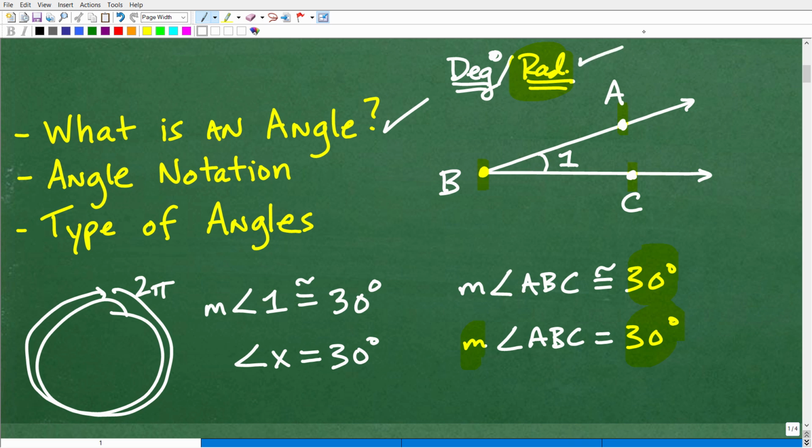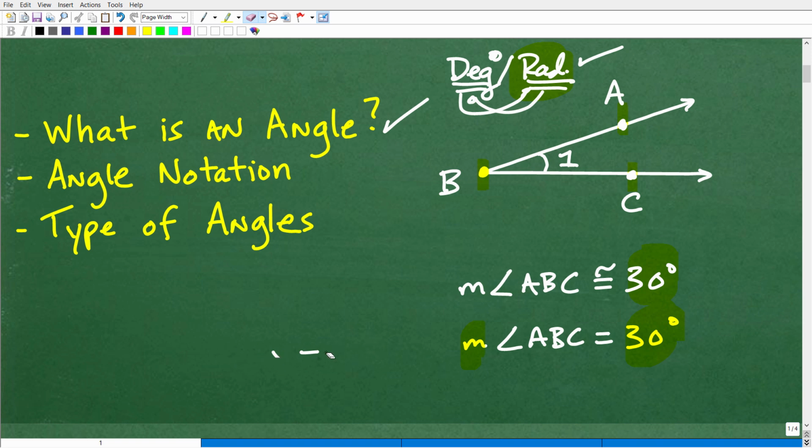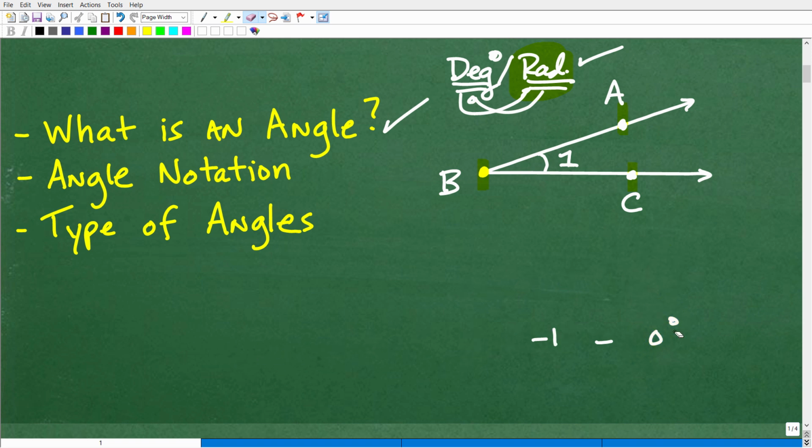You might even find radians as a more common measure of angles, even beyond degrees. Just because I'm not really mentioning radians right now, as you study trigonometry and get into even more advanced mathematics, you're going to be very familiar with radians, and you'll learn how to go from radians to degrees and degrees into radians. But right now, we're sticking to the basics about angle concepts. Okay, so anyways, let's get into types of angles.